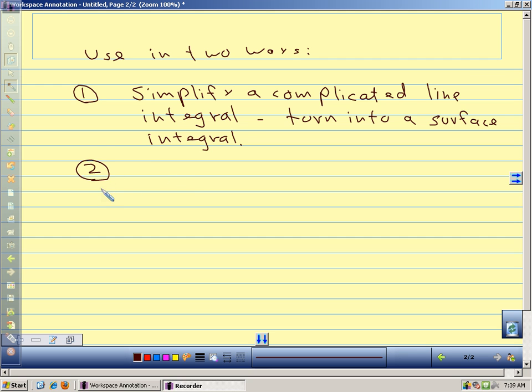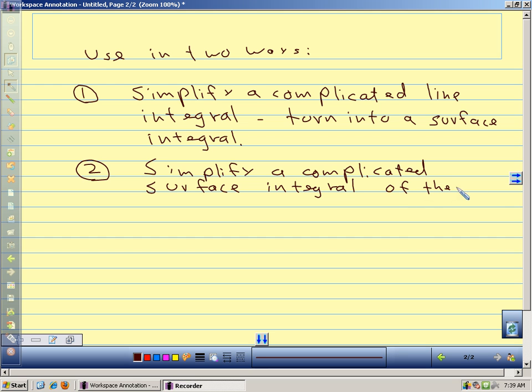The second way you might use Stokes' theorem is to simplify a complicated surface integral. We're going to have a surface integral, and I'm going to put the curl inside parentheses, because Stokes' theorem tells us about the curl.